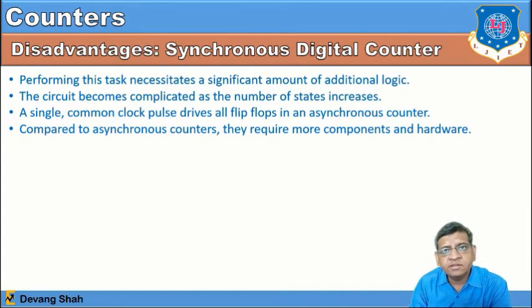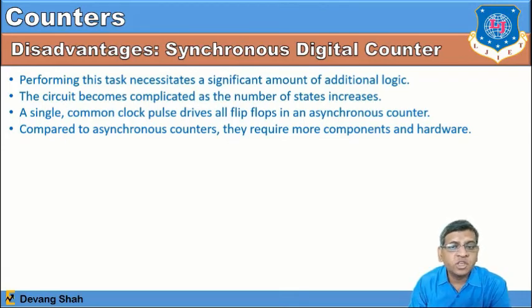Now we also have to discuss the disadvantages of synchronous counters. Performing this task necessitates a significant amount of additional logic, because additional logic gates you have to connect, the circuit becomes complicated, and the number of states increases.